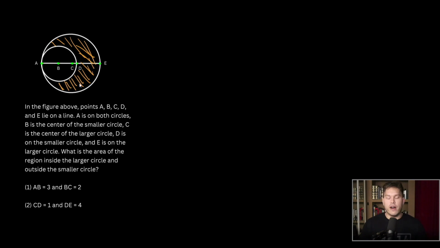So how could we find this area? Well, we would find it by finding the area of our larger circle and then subtracting the area of our smaller circle. I'll call it circle L and circle S for large and small, and this will equal the area in question. So what information do we need in order to determine these areas?